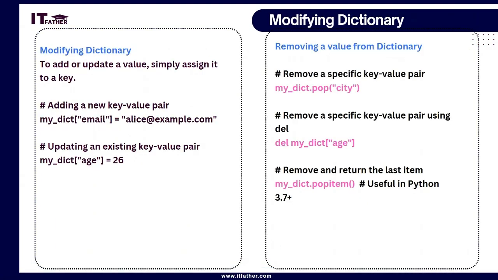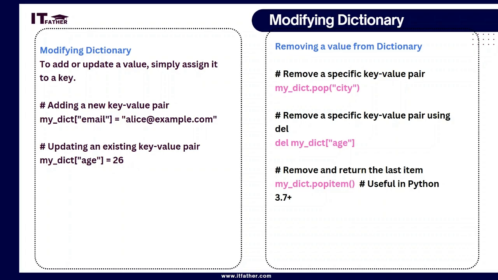Now, how to modify the value of dictionary, how to remove a value from dictionary is also very simple process. To add or update a value in dictionary is very simple. Assign it to a key. Simply, name of dictionary, square bracket, put the name of key equal to the value. If your key is age and the value is 26, it will be added to the dictionary easily.